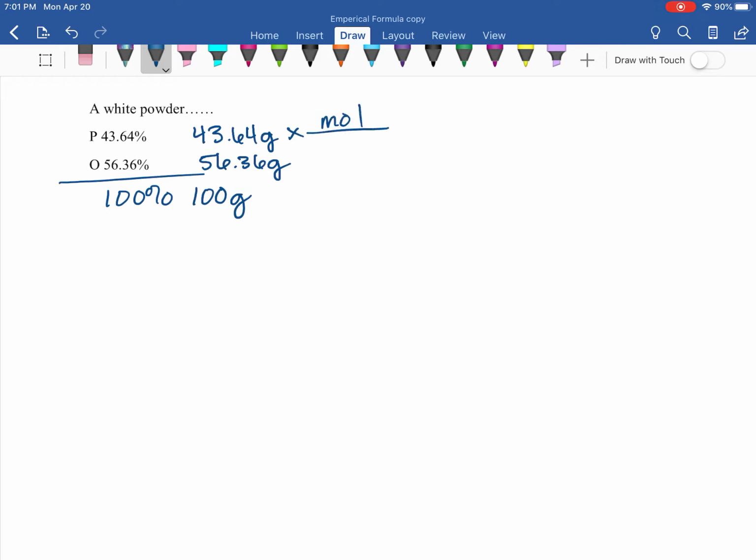What is our molecular weight for phosphorus, or atomic weight? So grab phosphorus is 31. Oxygen is 16. We've already seen that. All right, let's see what we get then when we do that. 43.64.